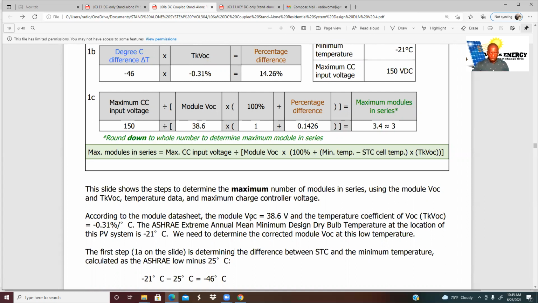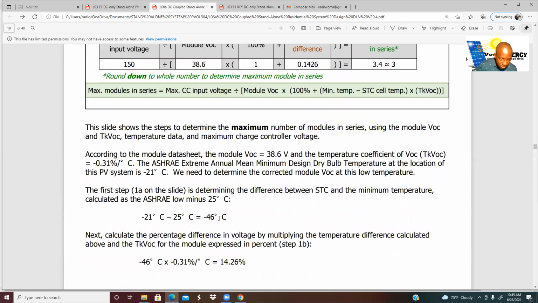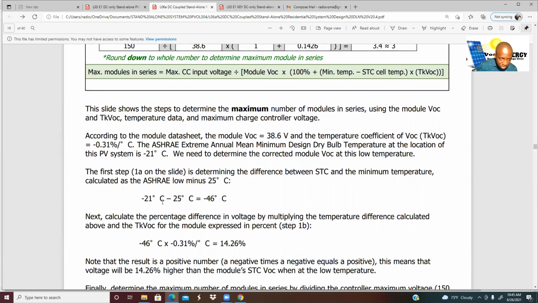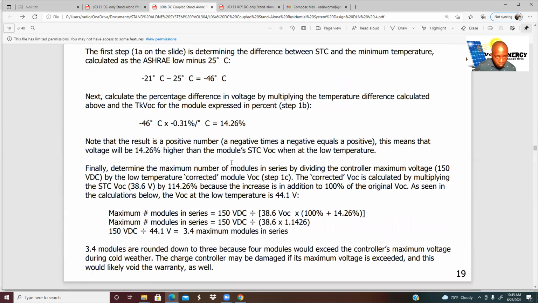Look down here, according to the module data sheet, the module VOC is 38.6 volt, and the temperature coefficient of VOC is -0.31%. The extreme annual minimum design dry bulb temperature at the location of this PV system is -21 degrees. We need to determine the correct module voltage at this temperature. The first step is -21 Celsius minus 25, equals -46. Negative 46 Celsius times this equals 14.26.